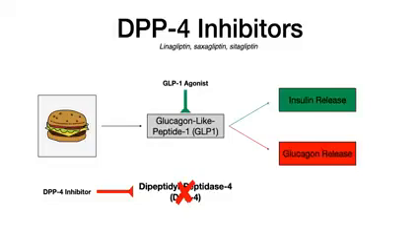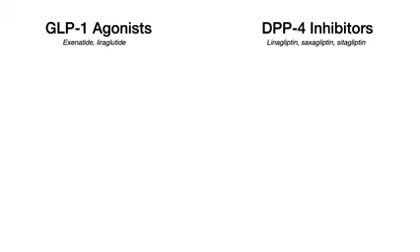So how are you going to remember this? And more importantly, how are you going to remember the different drugs and that they belong to these two individual classes? So let's look at GLP-1 agonists first. You'll notice that they both end in tide. And when I think about GLP-1, I think about gulp, GLP, gulp, like the sound that somebody makes when they're swallowing.